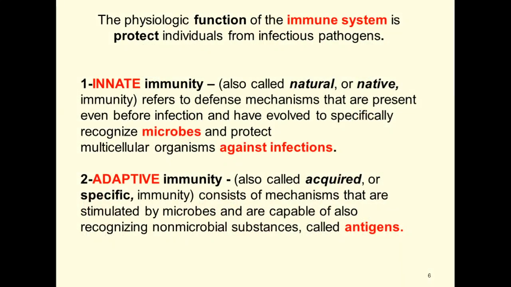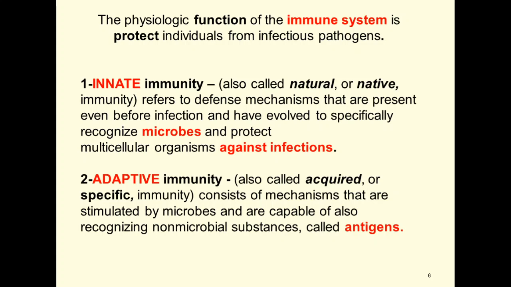Move on. Two main types of immunity. We have so-called innate or natural or native immunity. This type refers to defense mechanisms that are present even before infections and have evolved to specifically recognize microbes and protect a multicellular organism against infection. And we have adaptive immunity, also called acquired or specific.